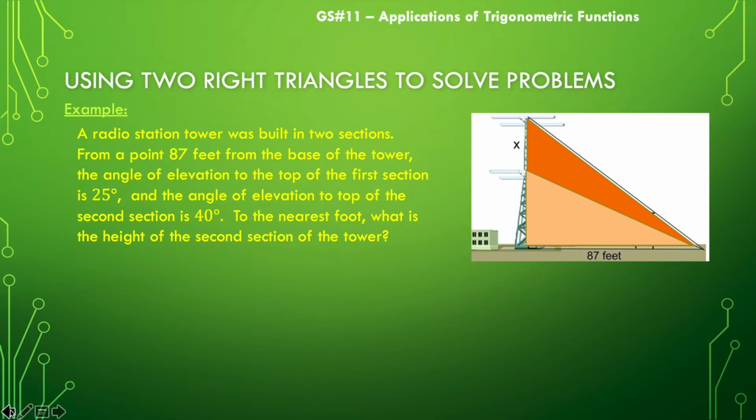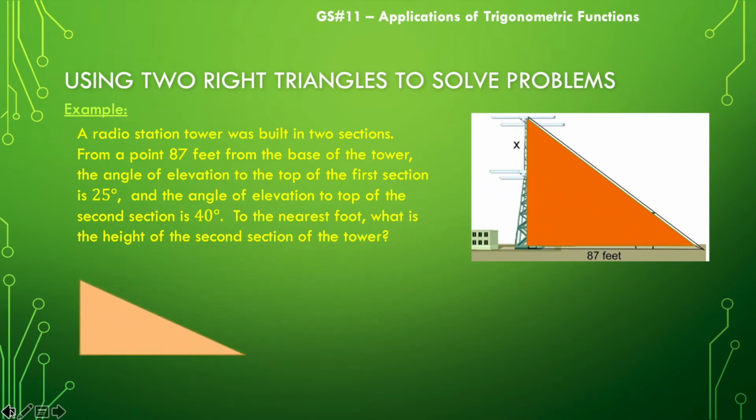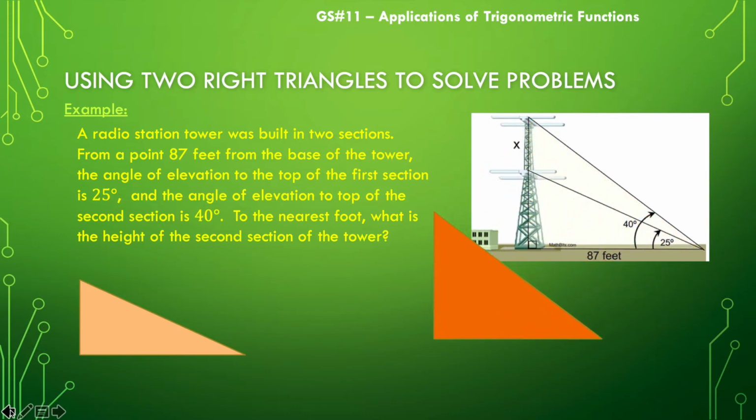Let's pull these triangles apart and label them with what we know. We'll take this little triangle over here, and the bigger triangle right here. We know that the bottom of both of these triangles is 87 feet, and the angle measure on here is either 25 degrees or 40 degrees.